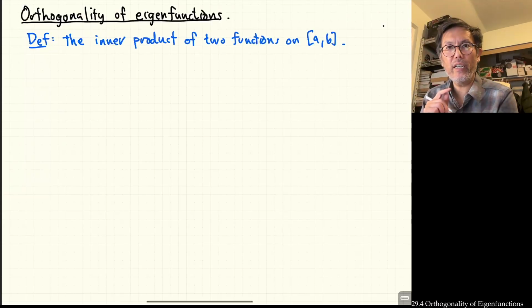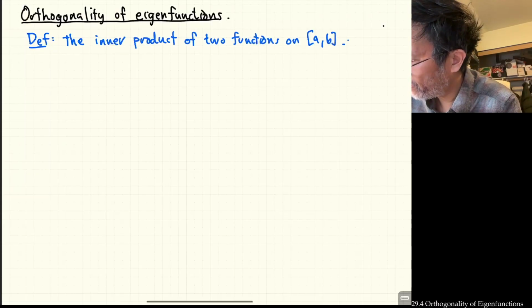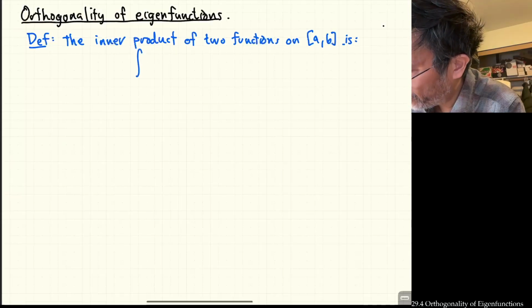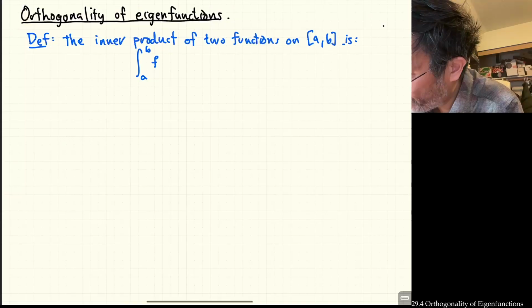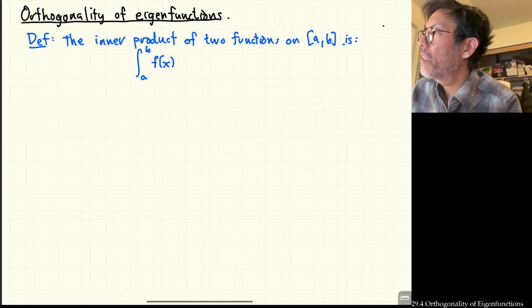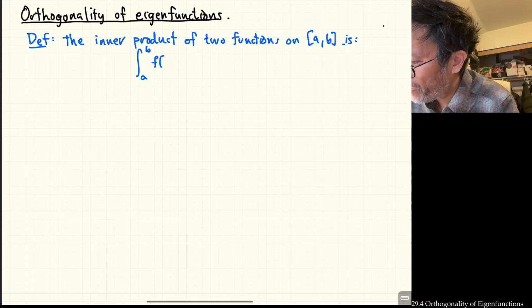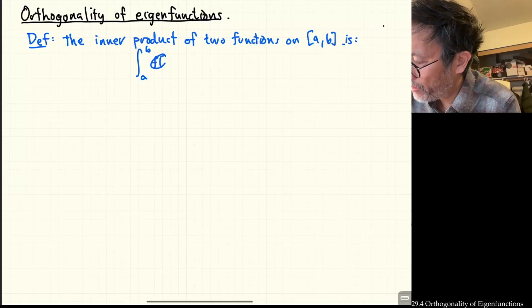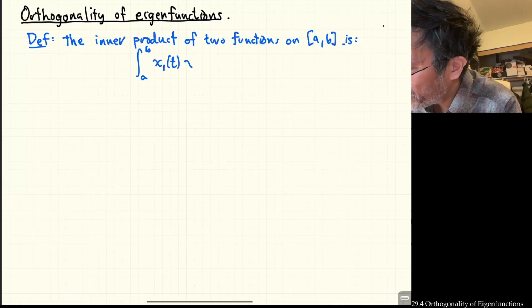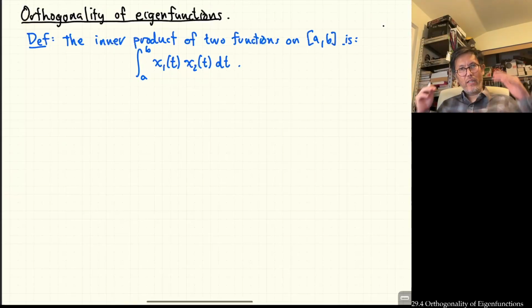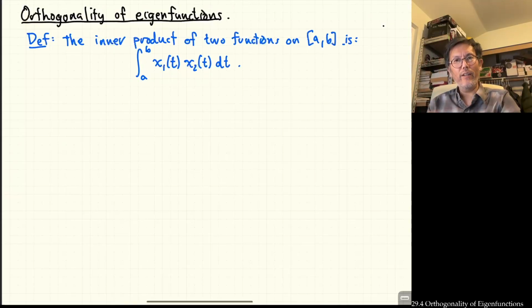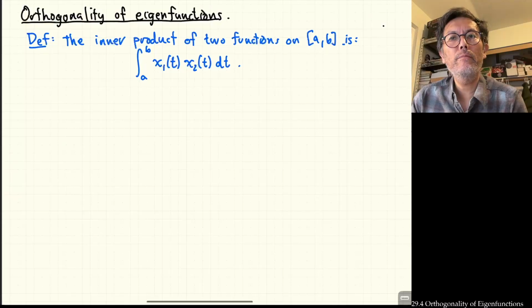It will be the integral from a to b of, let me call them x1 and x2 because that's more in line with what we've been doing, x1 of t times x2 of t dt. It's the integral of the product of the two functions, okay?